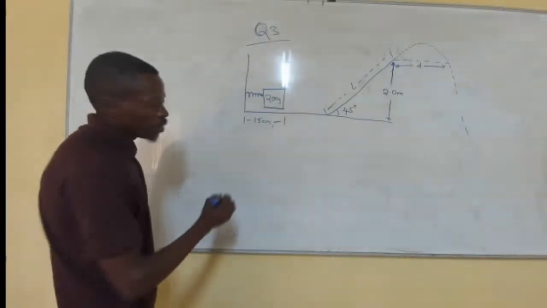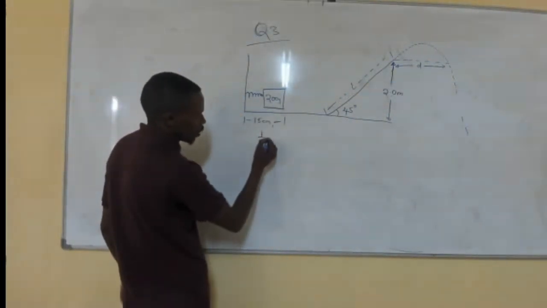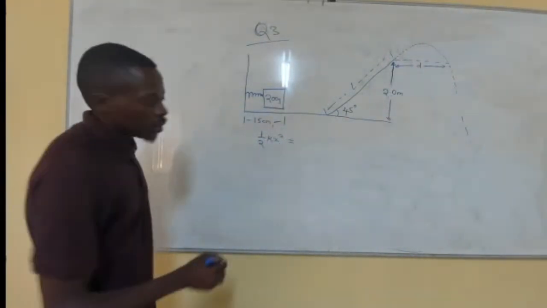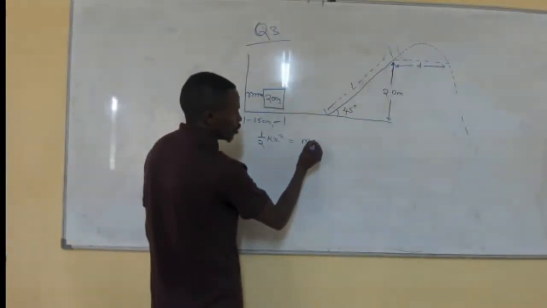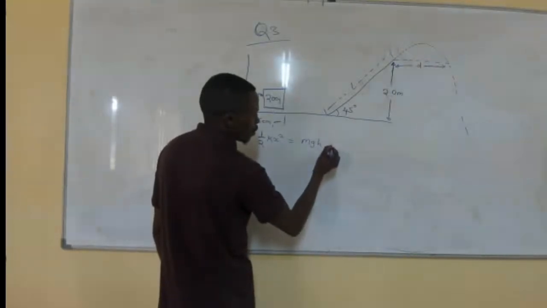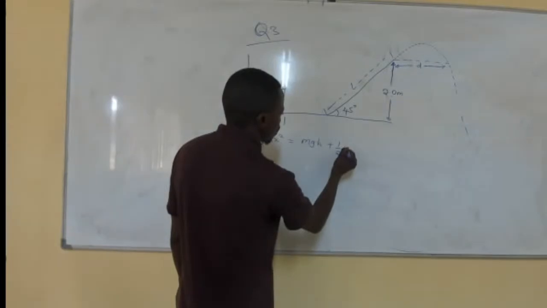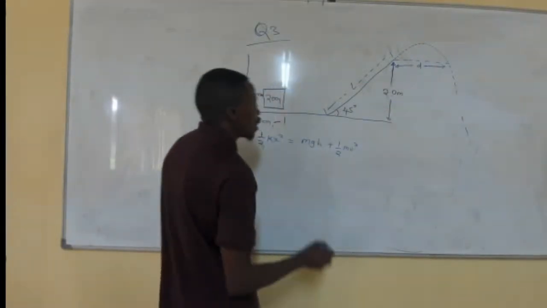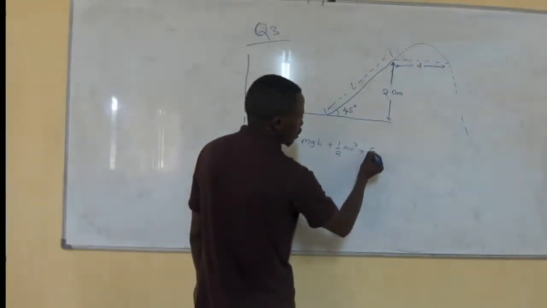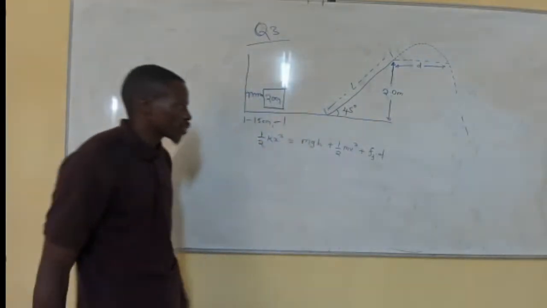Remember, our energy theorem was given by the potential energy contained in the spring, which is half kx squared, equal to the potential energy at the top, which is mgh, plus the kinetic energy at the top, which is half mv squared, plus the work done in moving against friction, which is the friction force times the distance.